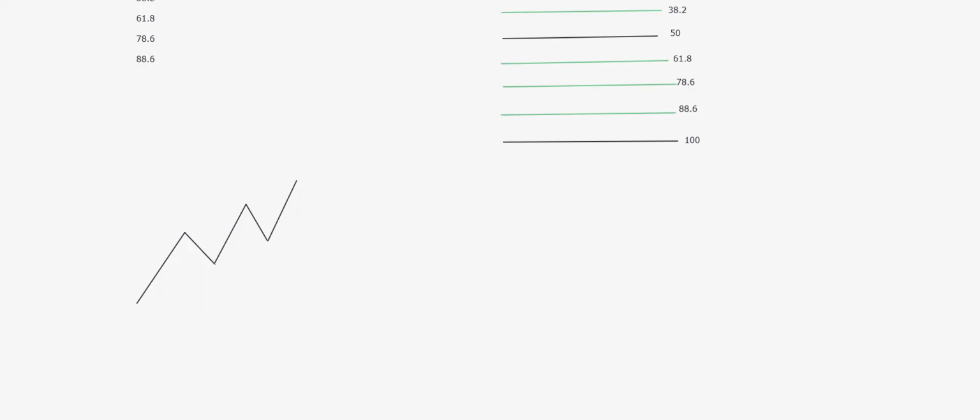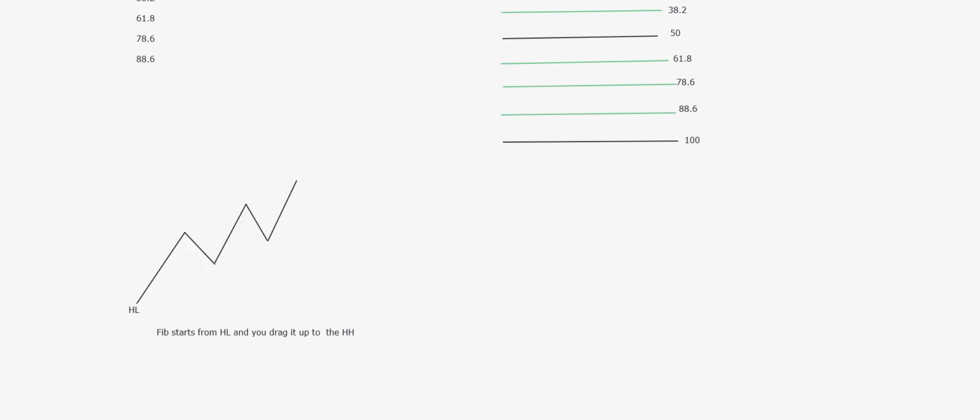So when you're drawing your fibs on an uptrend, start from the high low to the higher high.